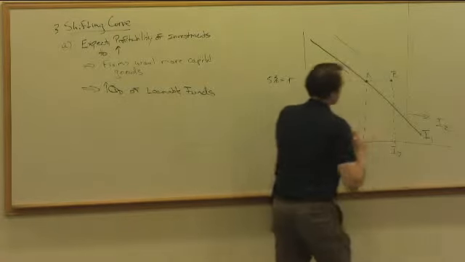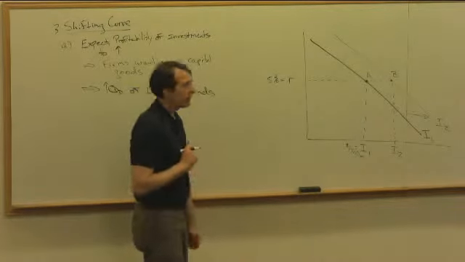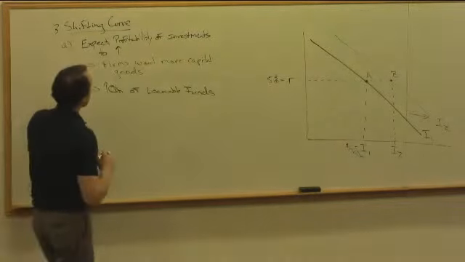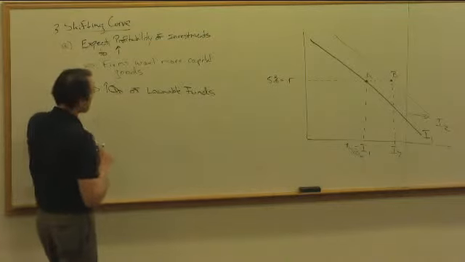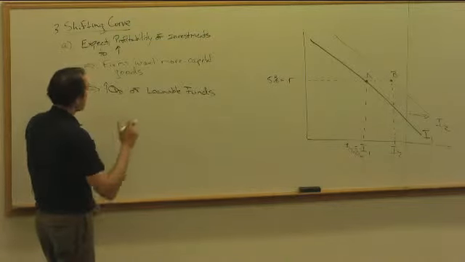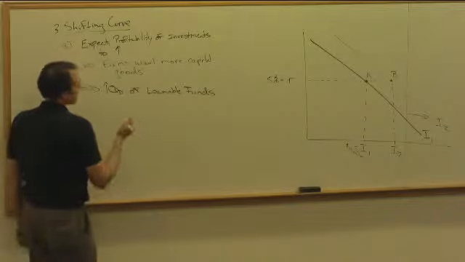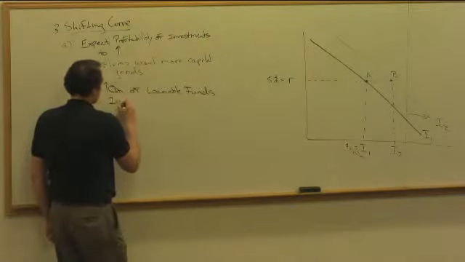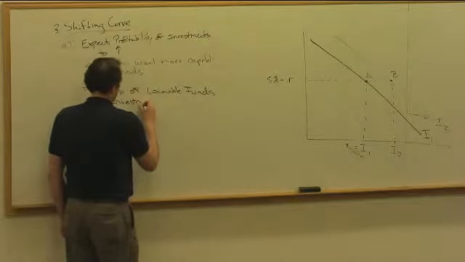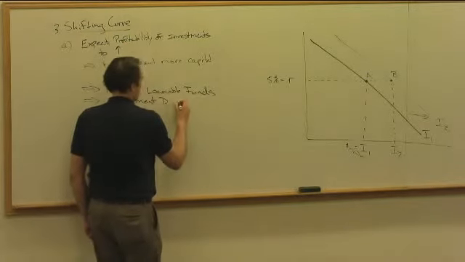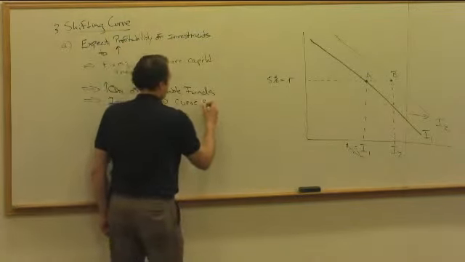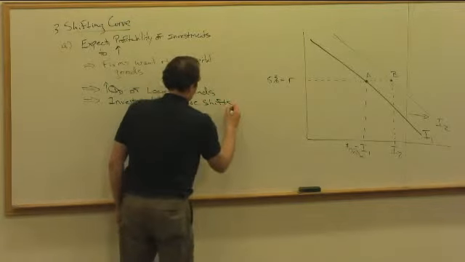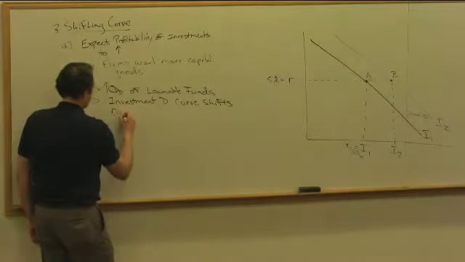So I'll draw it like that. Okay? So if you expect the profitability of investment to increase, then firms are going to want more capital goods. That's going to increase the quantity demand of loanable funds, and the investment demand curve shifts right from I1 to I2.